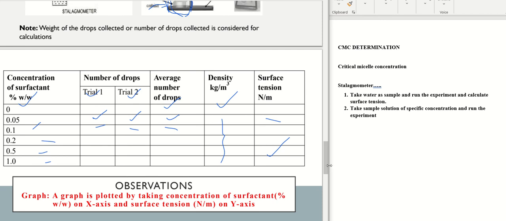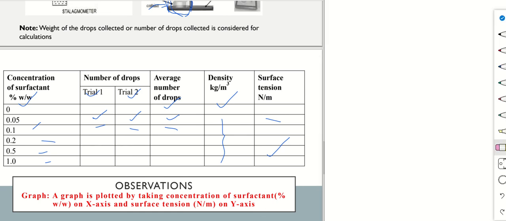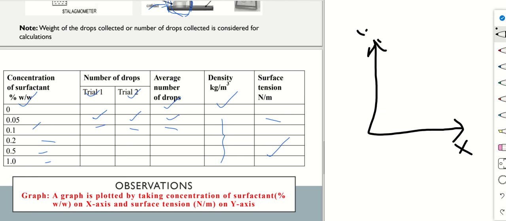After we get all the calculations, we need to plot a graph by taking surfactant concentration on x-axis and surface tension on y-axis.